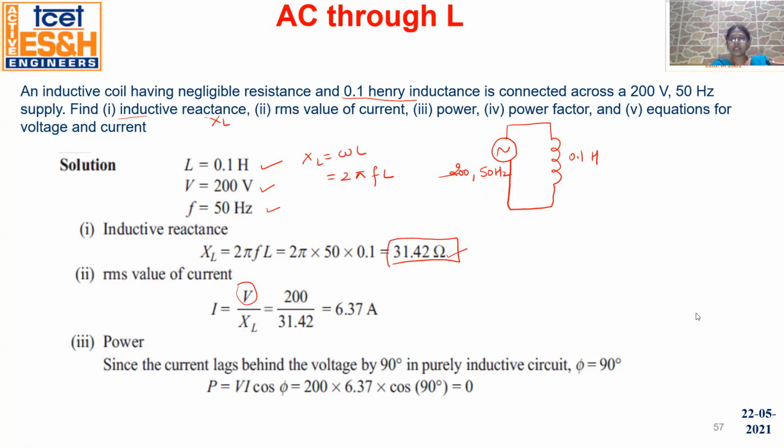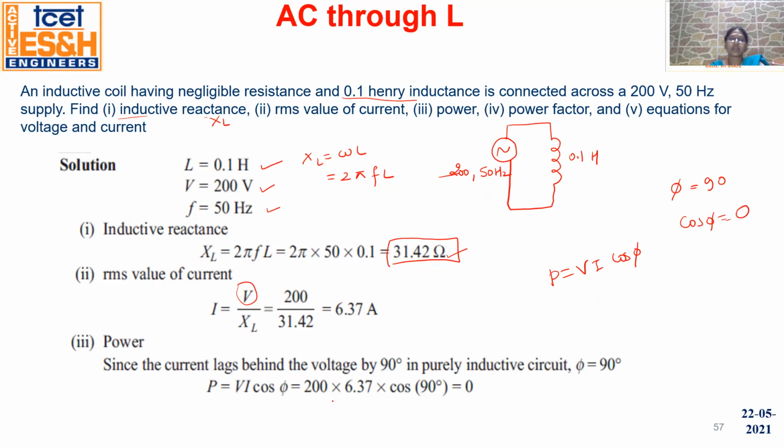Now power is VI cos phi. But in the case of pure inductance, phi is equal to 90 degree. For phi equal to 90 degree, cos phi is equal to 0.